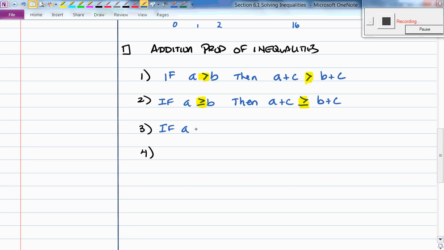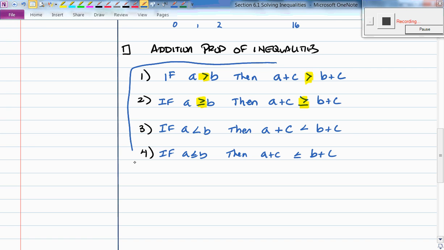If A is less than B, then A plus C is less than B plus C. And lastly, if A is less than or equal to B, then we know A plus C is less than or equal to B plus C. So these are the addition properties.